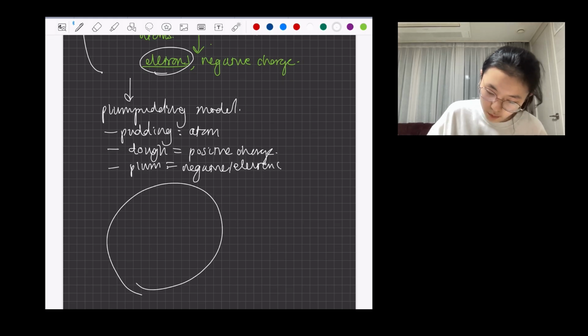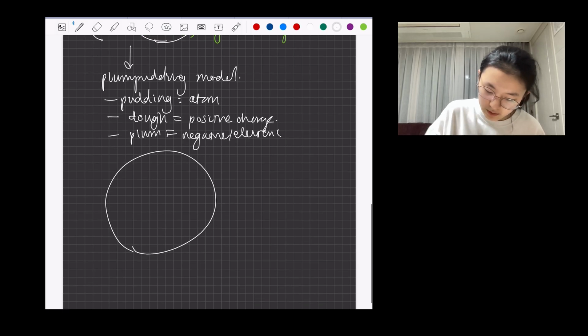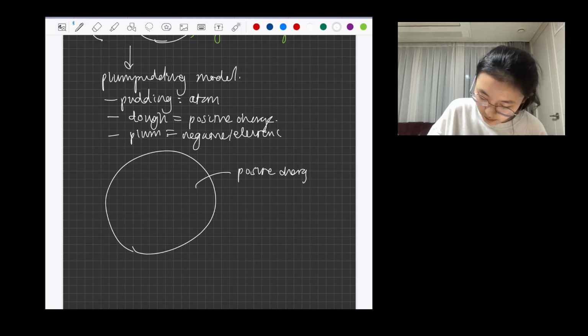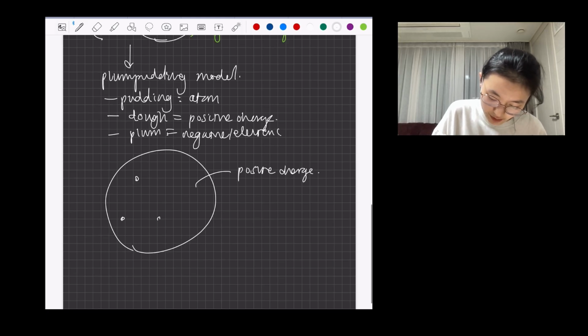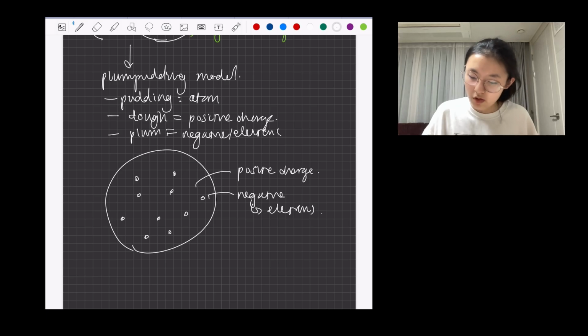So what J.J. Thomson imagined of the atom was that we generally have positive charges as the dough, and sporadically and randomly we have these little plums, or little negative charges, which were electrons.